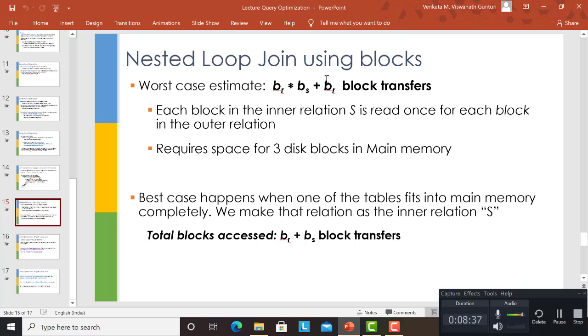And then you do have to read relation R also, even though it is just one block at a time, and no block of relation R is read more than once.